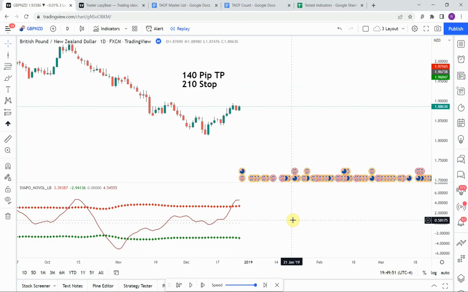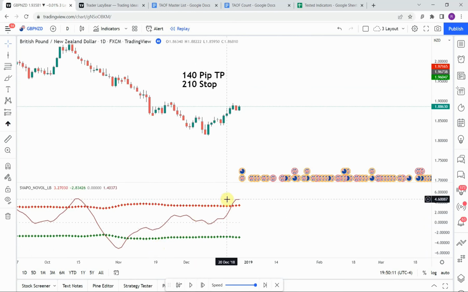We've tested quite a few different indicators like this in the past, so it's no surprise that what we're looking for is when the oscillating line breaks above the red crosses here or down below the green crosses there. We will be looking for short opportunities on the top side, the red crosses, and long opportunities on the bottom side, the green crosses.